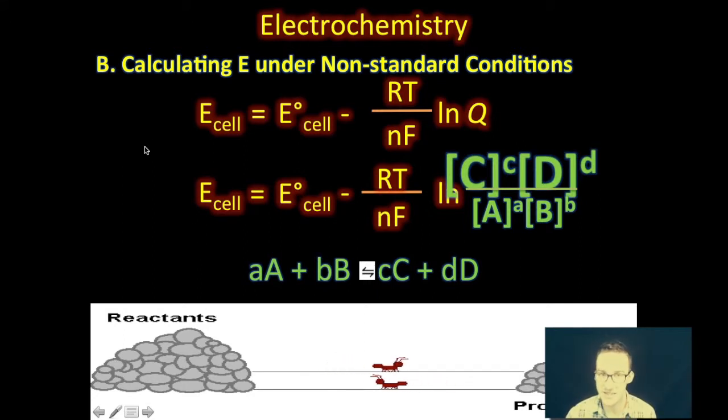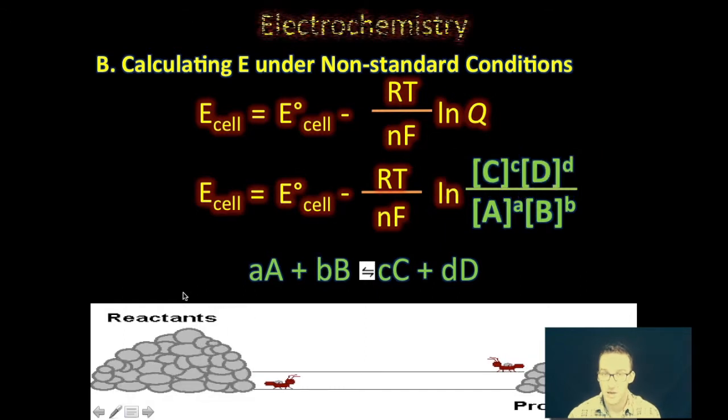When you take the natural log of a number that's larger than 1, and progressively gets larger and larger, you're going to get a bigger and bigger positive number. And when you subtract a bigger and bigger positive number from your standard cell conditions, you end up with a cell potential that is less than the cell potential under standard conditions.